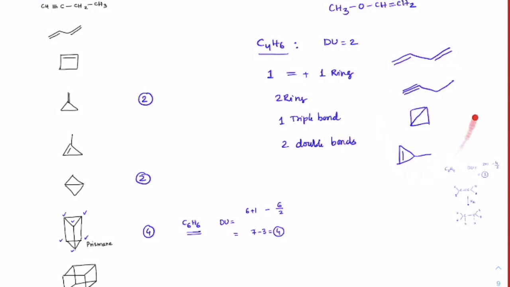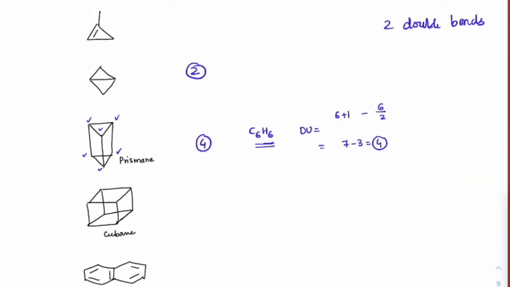So these are all the possible cases. One ring will always come as common overall. If you take two rings, if you take four rings, half and half will become common. But anyway, my best suggestion would be to always find DU. Write the molecular formula, calculate DU, just to be double sure, okay?